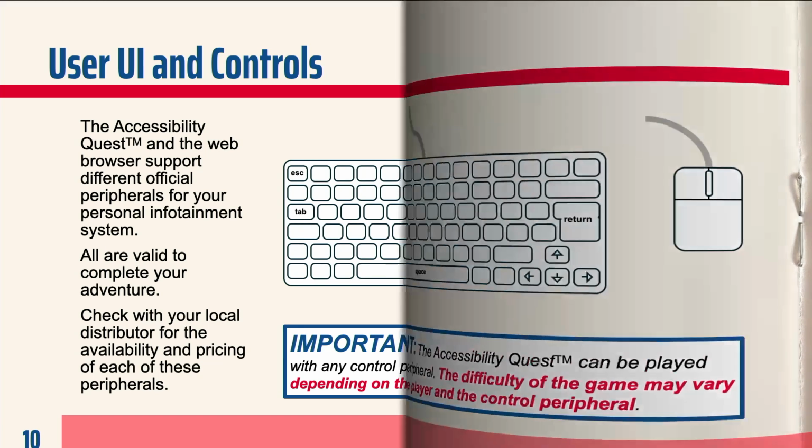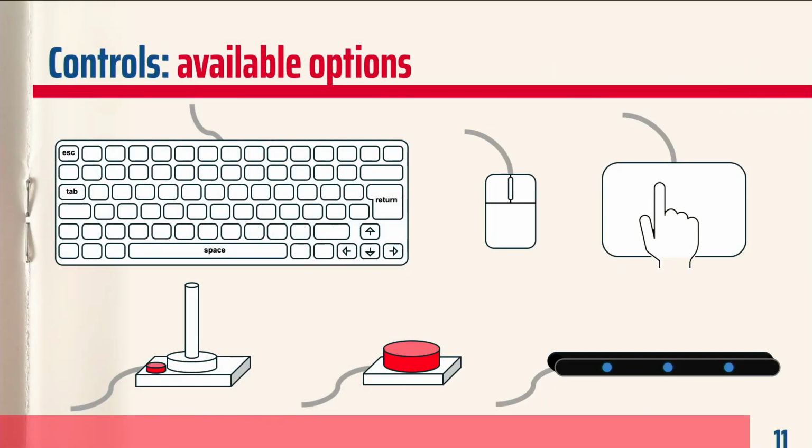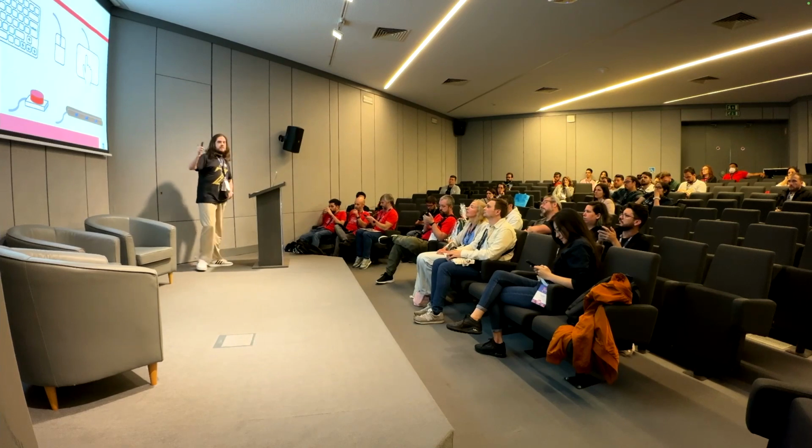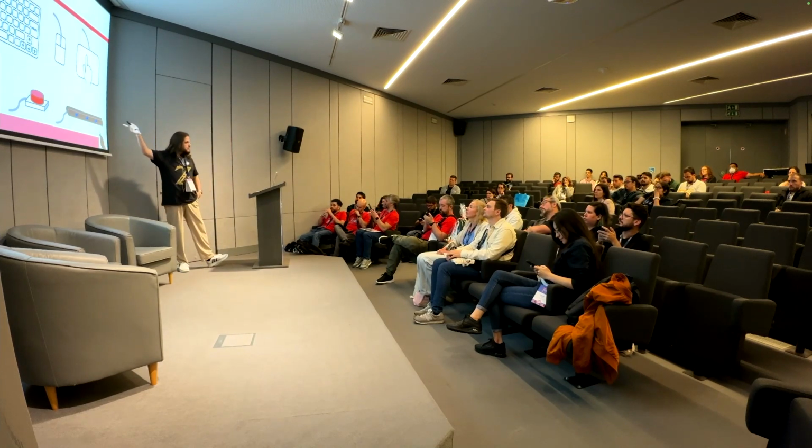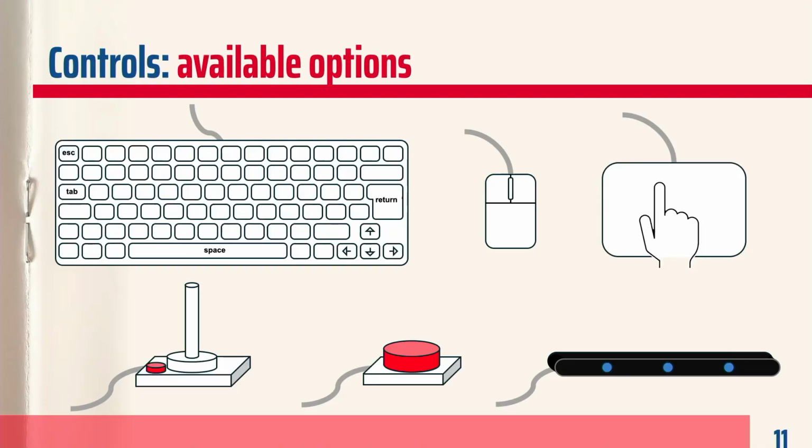Other options that you can use: just a keyboard without the mouse, or just a mouse or a trackpad without the keyboard, a joystick, or even a single switch button, and an eye tracker, why not, if you pay for it?